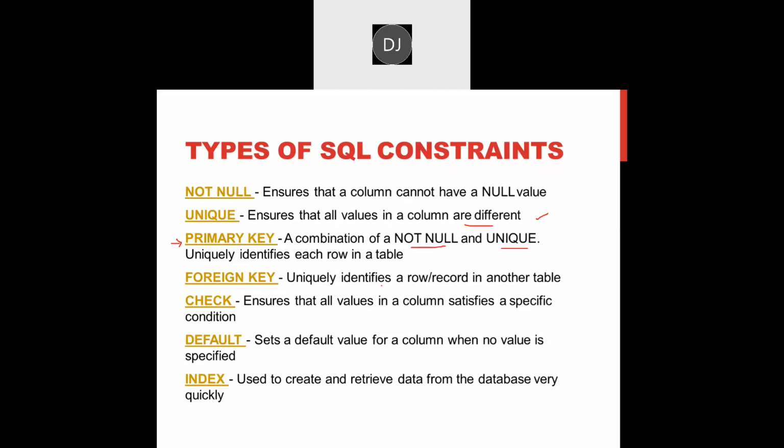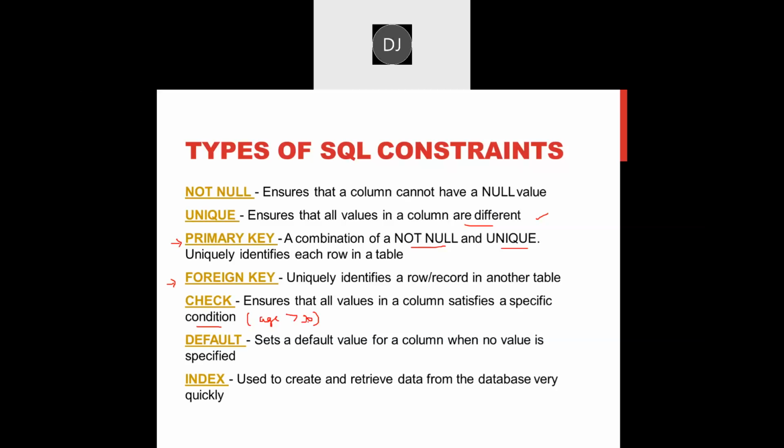And foreign key uniquely identifies a row or record in another table. It is mainly used for the relation between the two tables. And the check constraint ensures that all values in a column satisfy a specific condition. In the check, you can give some conditions like age should be greater than 30.